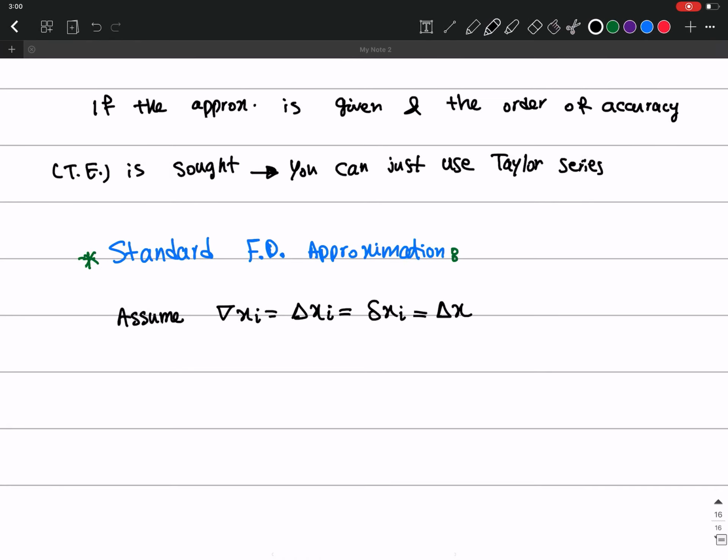Now I want to introduce some of the well-known finite difference approximations that you might see.